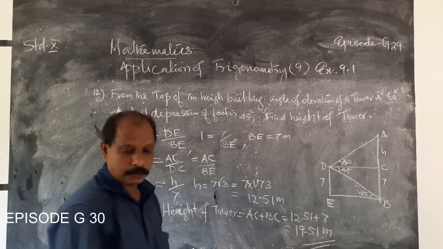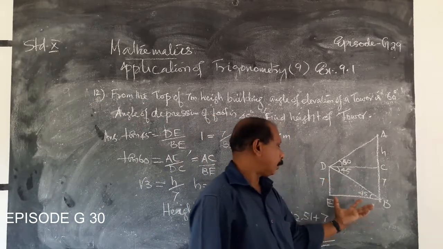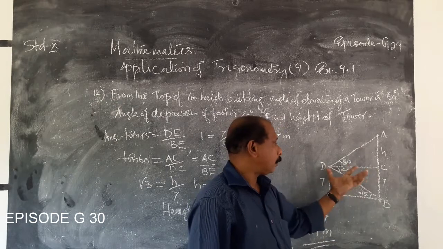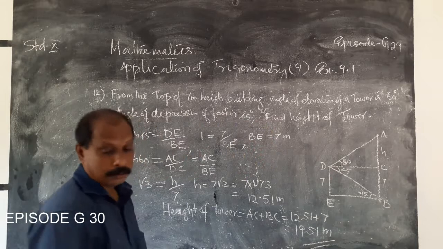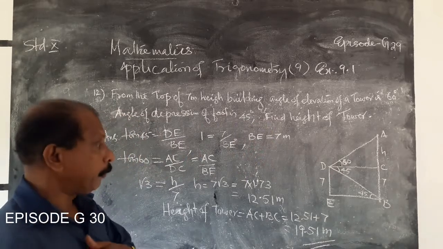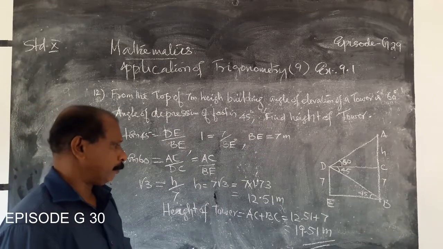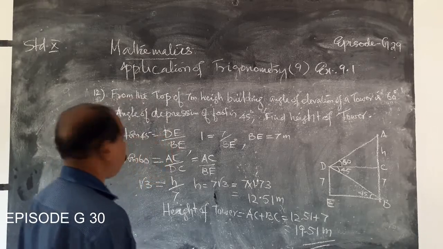That is the height of the tower. That means using this triangle, we get BE is equal to 7. Using this triangle, BC is equal to 7 and you can find out h. Therefore, height of the tower is equal to h plus 7. h is 12.51 plus 7 is 19.51. That is the height of the tower.